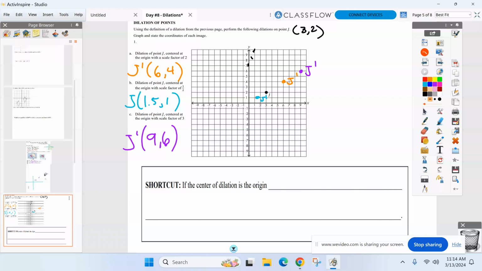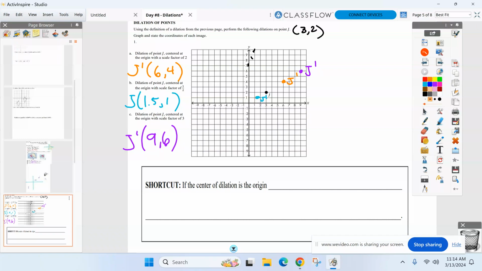Now it's time to talk about a shortcut. You and your group are going to figure out the shortcut. This shortcut only works if I dilate around the origin, because we are going to dilate around other points on the graph. But if I dilate around the origin, there's a shortcut to get from your original point to the prime points.